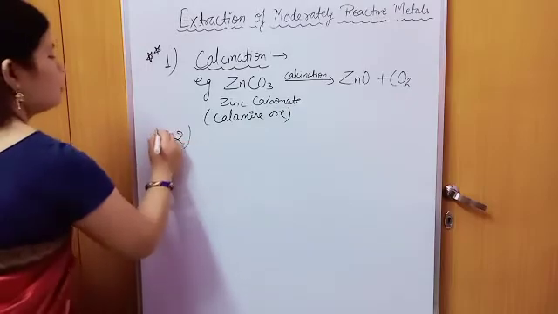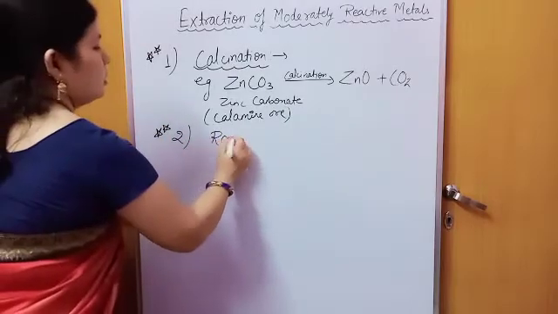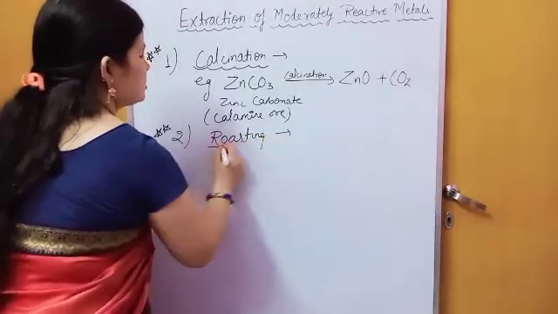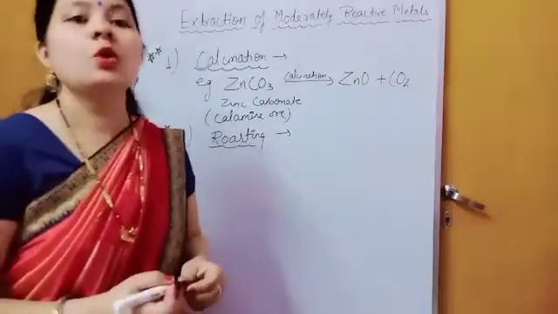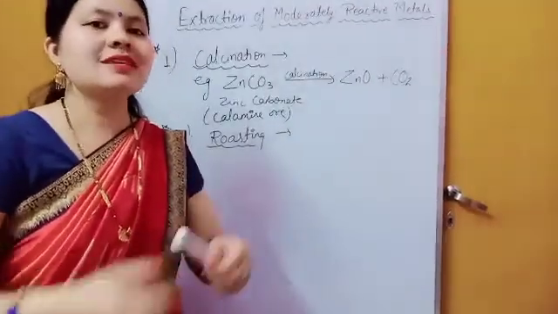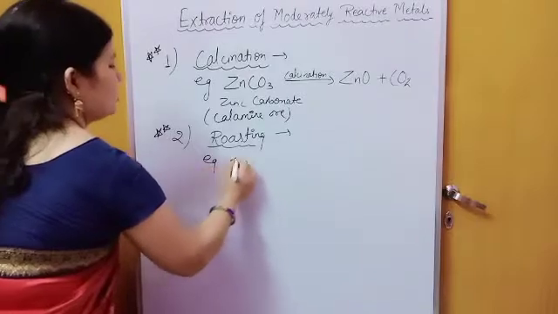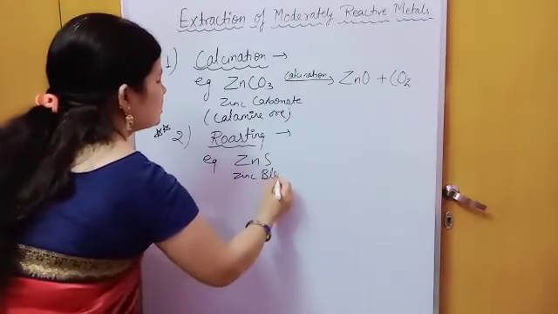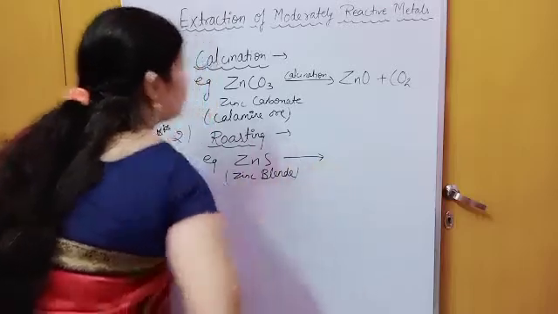Now we have another process, roasting. We can use this process for sulfide ores. For example, ZnS is zinc blende, a sulfide ore of zinc.